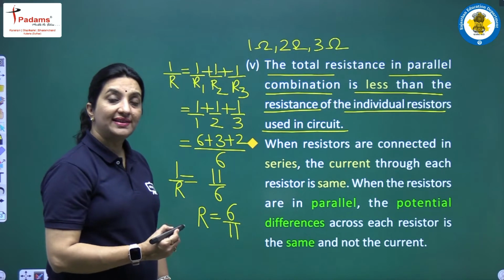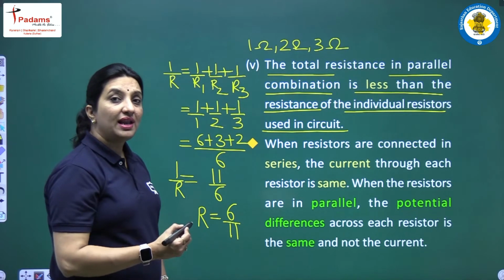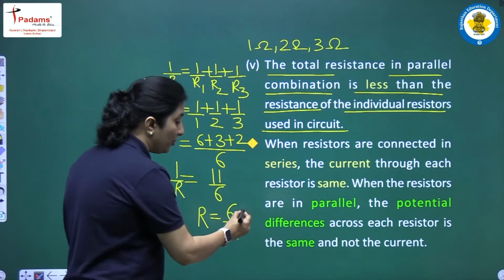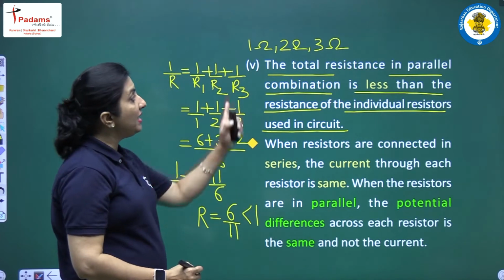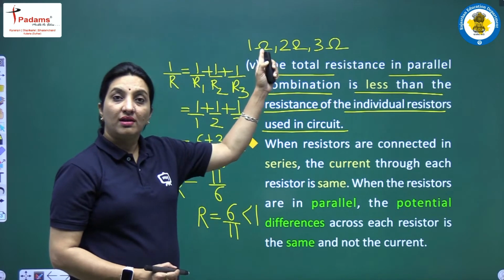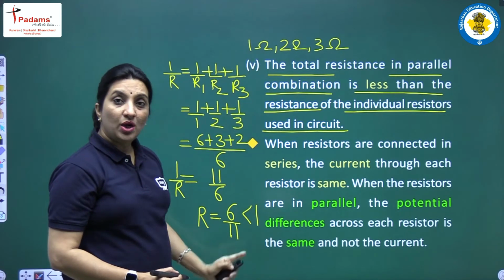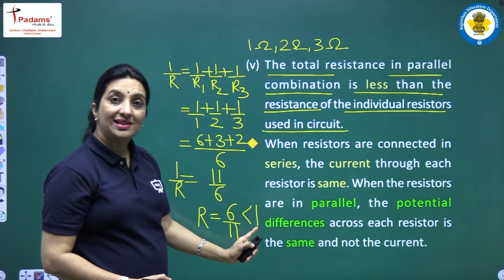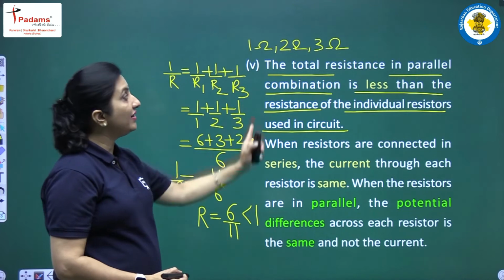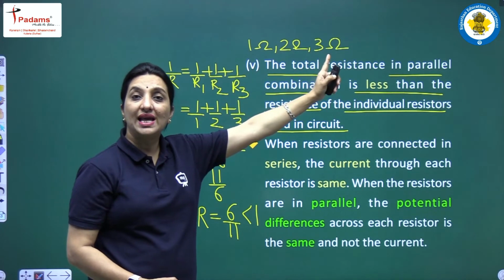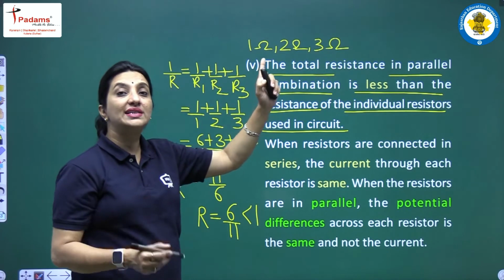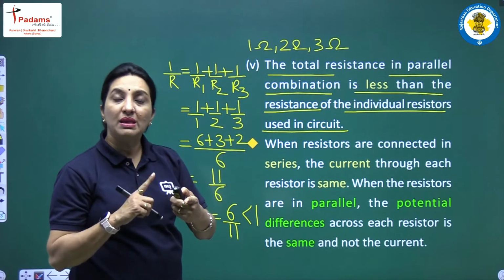Now if I divide this 6 by 11, then I will get a quantity which is going to be less than 1. Now here the minimum resistance was 1. So this equivalent resistance is coming less than 1. So 6 upon 11 is less than 1, 6 upon 11 is less than 2, 6 upon 11 is less than 3, or you can say that it is even less than the minimum resistance.